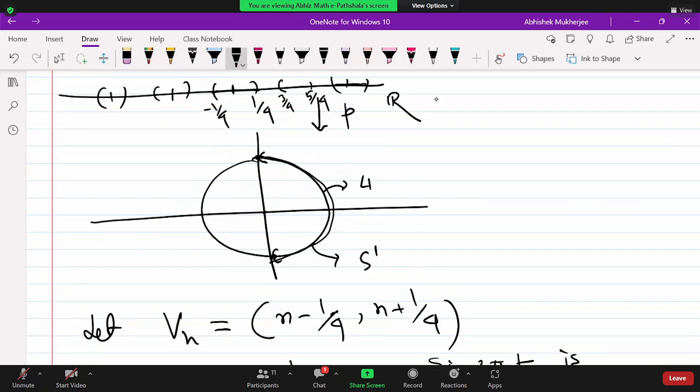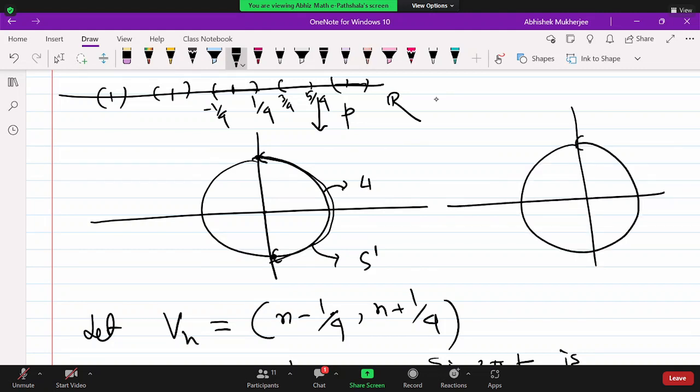suppose this S1, being a compact set, you can represent it as a union of finitely many open sets. So let me just do it. Suppose this is U1, this might be U2, this will be U3, and this one U4.